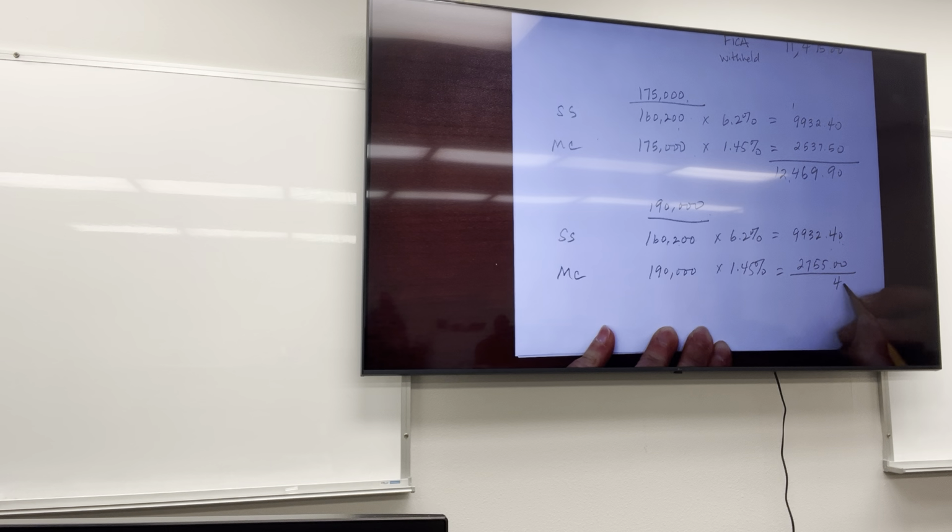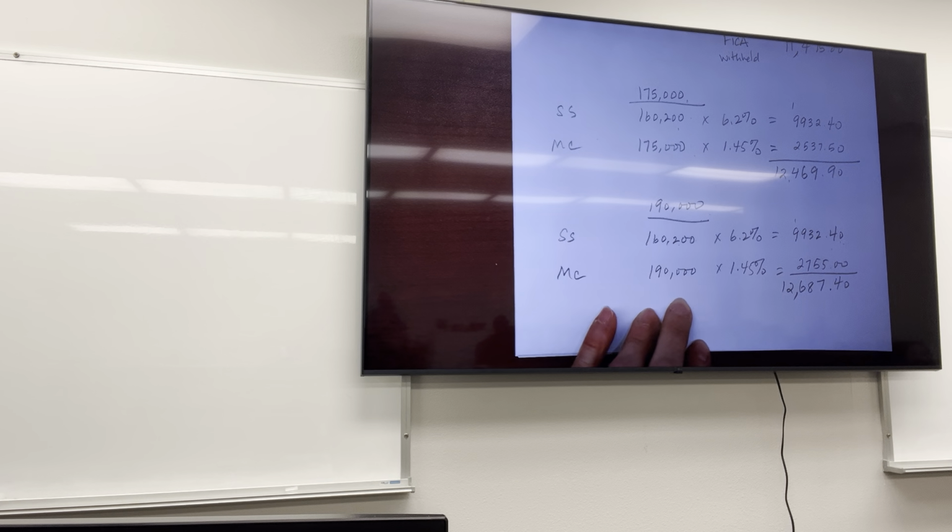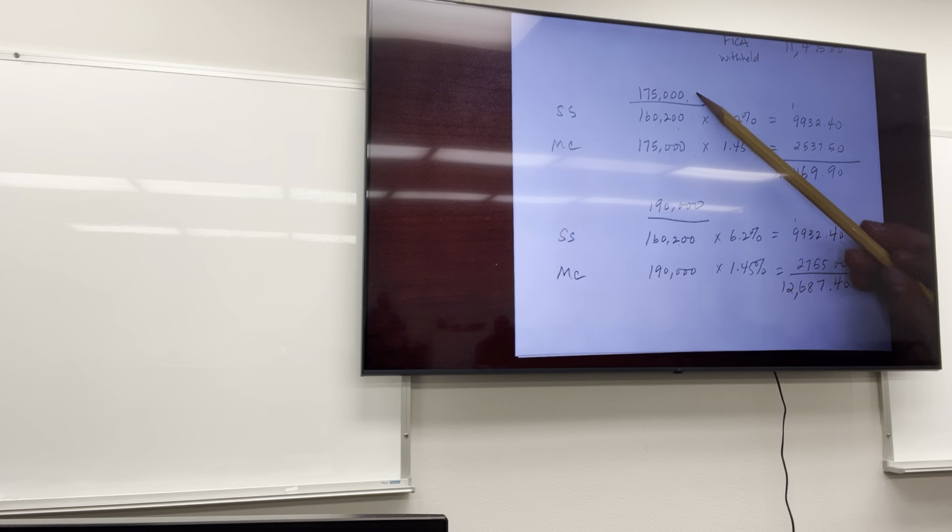So obviously, in total, they're paying more in FICA taxes overall, but it's only because the additional amount of income is subject to Medicare tax. Total $12,687.40, even though they made an additional $15,000.